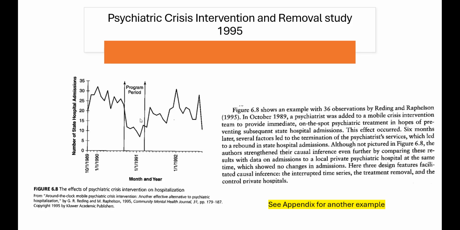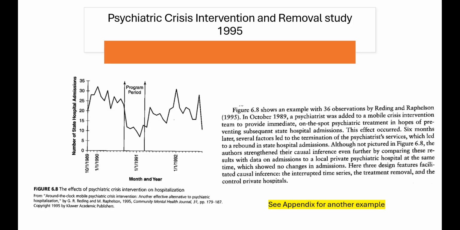We see that the biggest impact is right in that first arrow. We see a drop, and then 6 months after, where that second vertical arrow is, we see that the intervention was removed, unfortunately. And so maybe not surprisingly to the staff and stakeholders, the state hospital admission rate jumped back up.